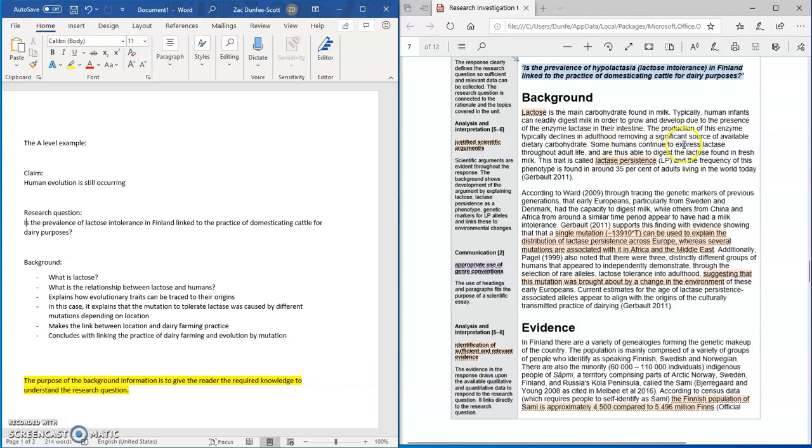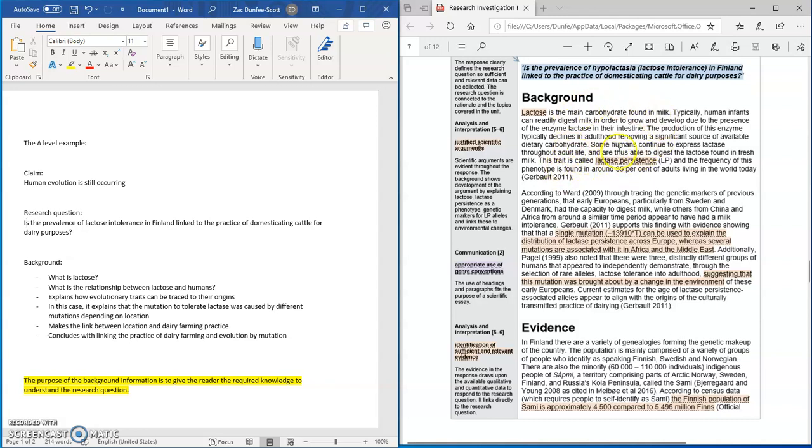Some humans continue to express lactase throughout their adult life and are thus able to digest lactose found in fresh milk. This trait is called lactase persistence, or LP for short. The frequency of this phenotype is found in about 35% of adults living in the world today. This was referenced by Garibaldi, 2011.